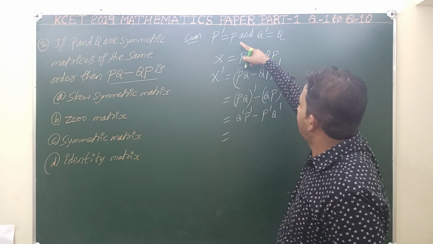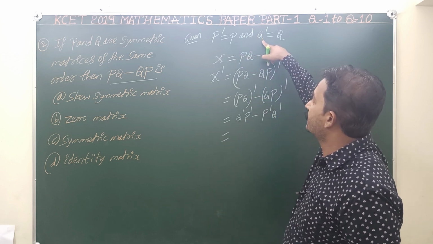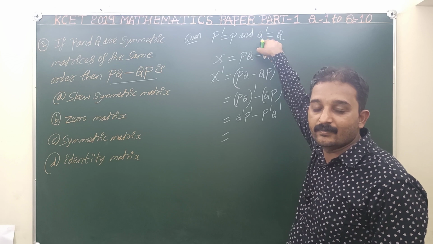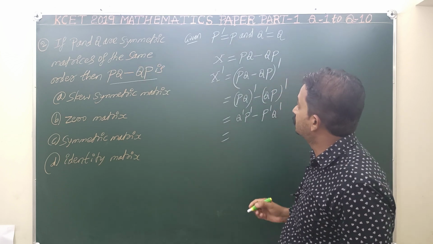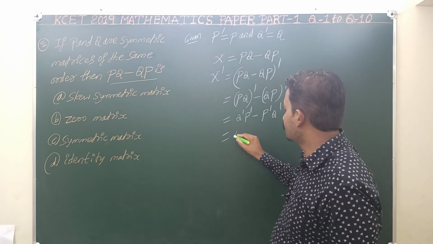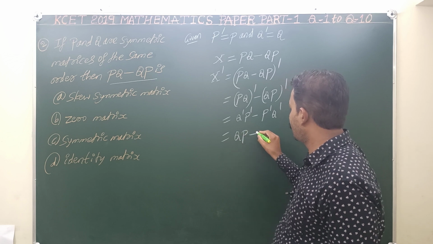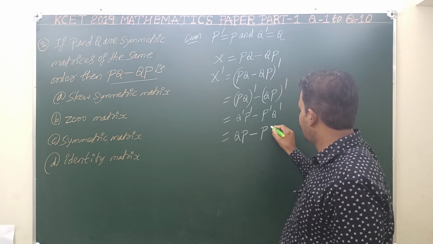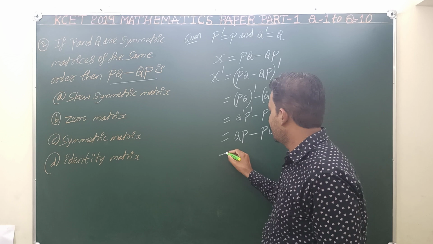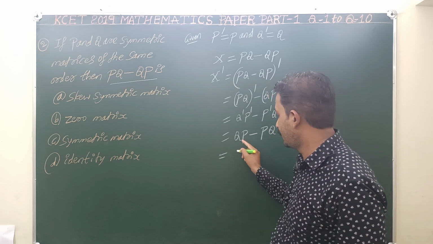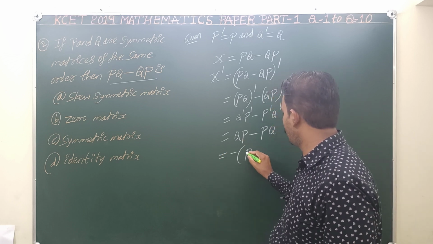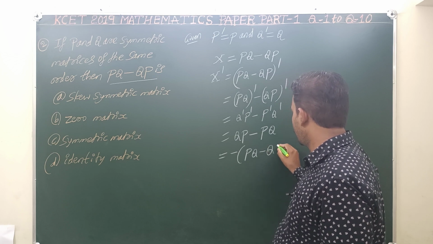We know that P transpose equals P and Q transpose equals Q, as given in the question. So replace Q transpose with Q and P transpose with P. Here, taking minus outside, it becomes PQ minus QP.